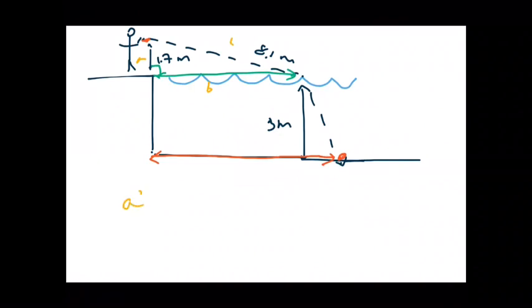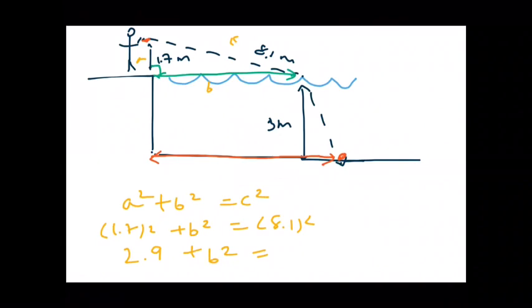So we have A squared plus B squared equals C squared, and we're trying to find B because we already know C, so we can just plug in the values. 1.7 squared plus B squared equals 8.1 squared. 1.7 squared is 2.89, which I'll round to 2.9, plus B squared equals 8.1 squared, which is 65.6.